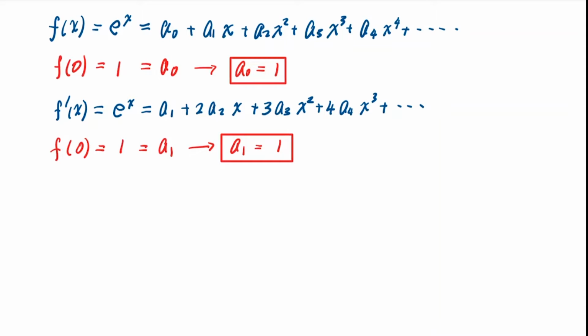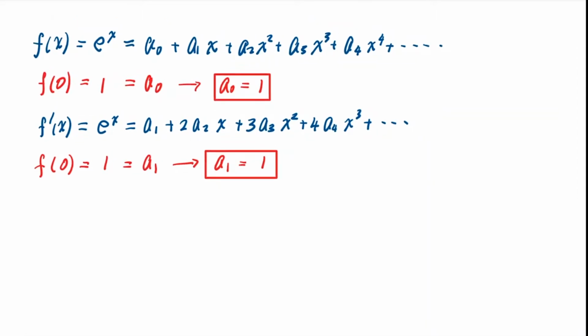Should we have some kind of running thing going, with a different color? So e to the x is at the moment 1 plus 1 times x plus, and we'll keep this going. Now we take another derivative, f double prime of x.